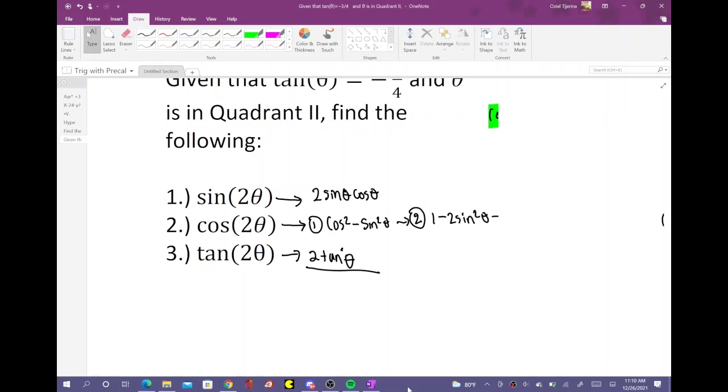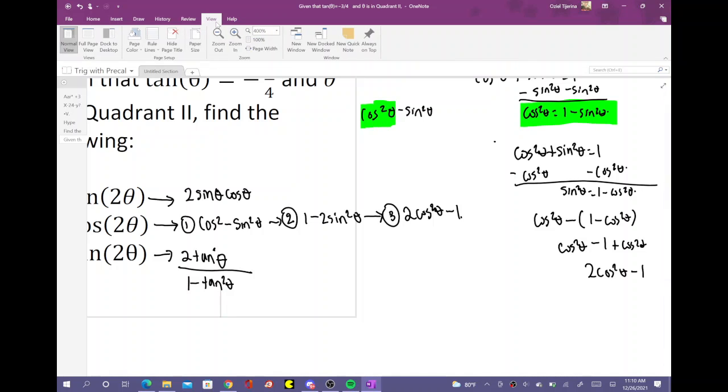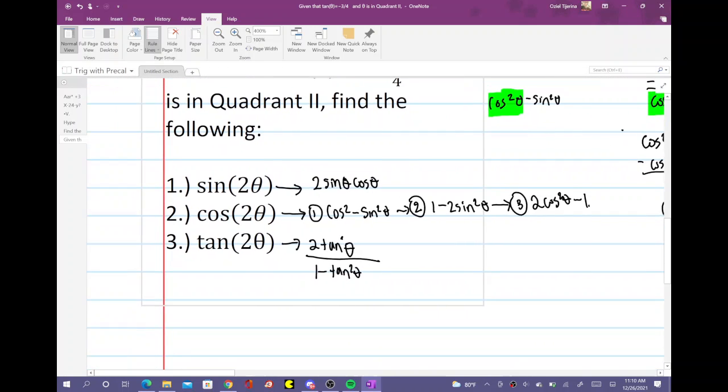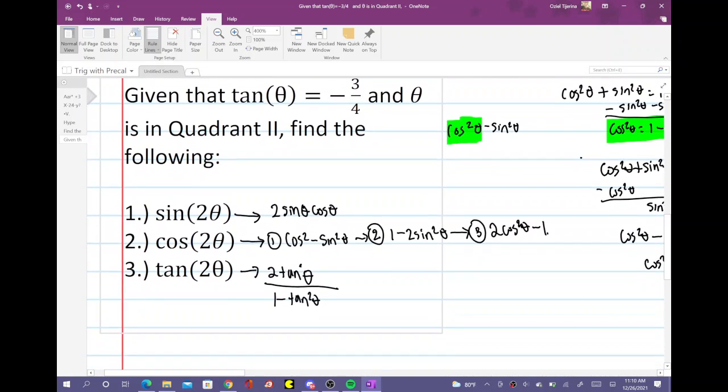Okay guys, so it's 2 tan theta over 1 minus tan squared theta. Yeah, so over 1 minus tan squared theta. So that's what that one is. Now we're going to use this to our advantage to find sine of 2 theta, cosine of 2 theta, and tan of 2 theta.